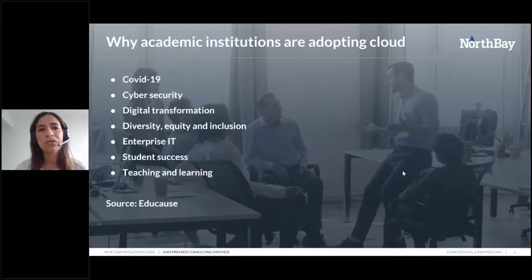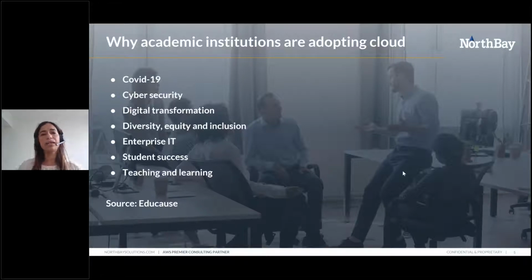Many K-12 schools, colleges, and universities are migrating to the cloud, not just as a response to COVID-19, but like Jim said at the beginning, because the cloud provides scalability, cost effectiveness, and innovation. So working with AWS and partners like North Bay, institutions can get results faster and more efficiently, ensuring that they're taking advantage of all the benefits that the cloud has to offer.